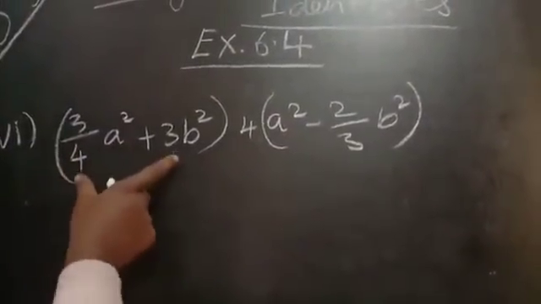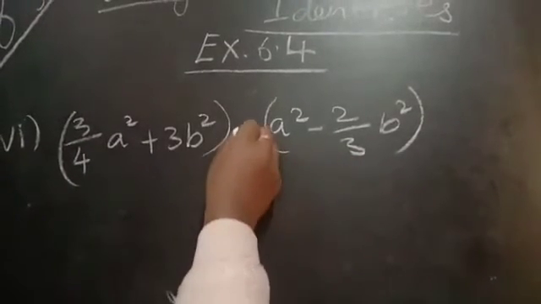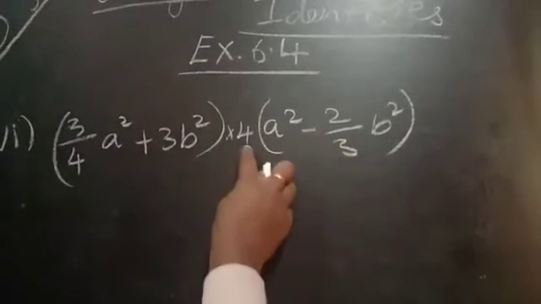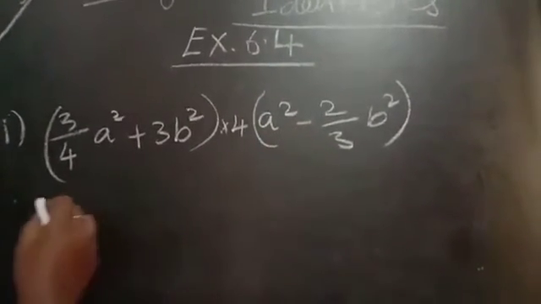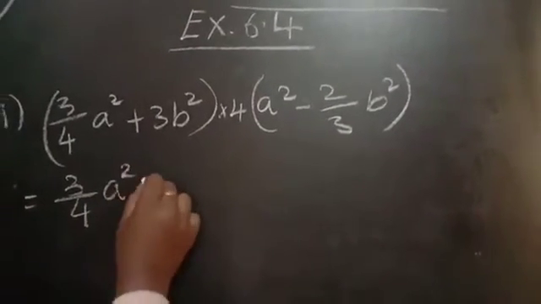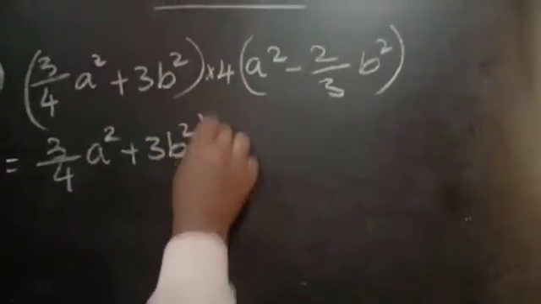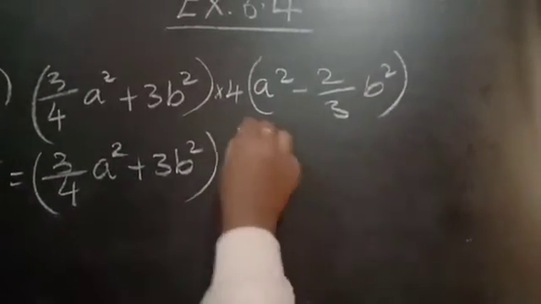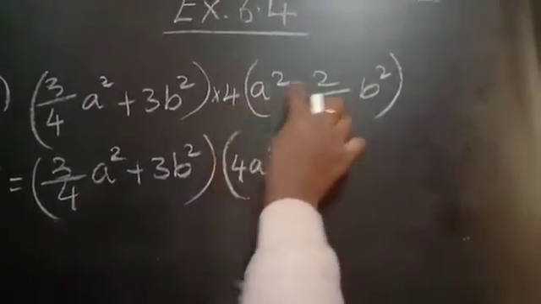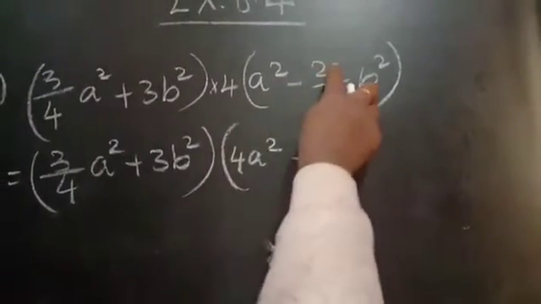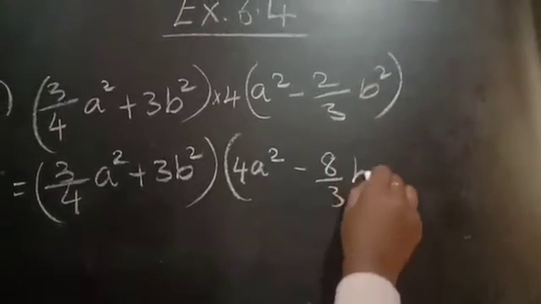Now the 6th one, this with this we have to multiply. Here 4 is common, so we will multiply 4 inside this. 3 by 4 a square plus 3b square into 4a square minus 8 by 3 b square, because in the numerator we have to multiply.